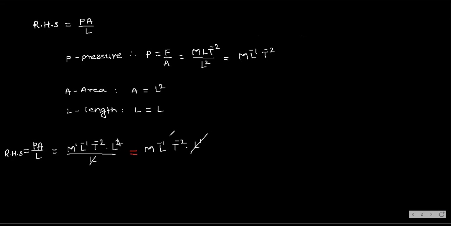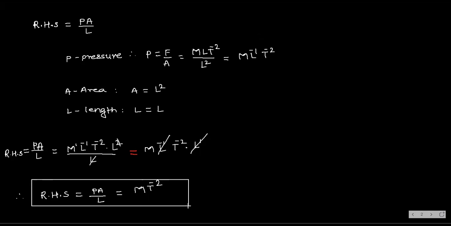Now this plus 1 and this minus 1 again cancel. So therefore, what you are getting RHS dimensions? RHS is equal to PA by L, which is equal to M into T power minus 2. And call this equation as equation number 2.